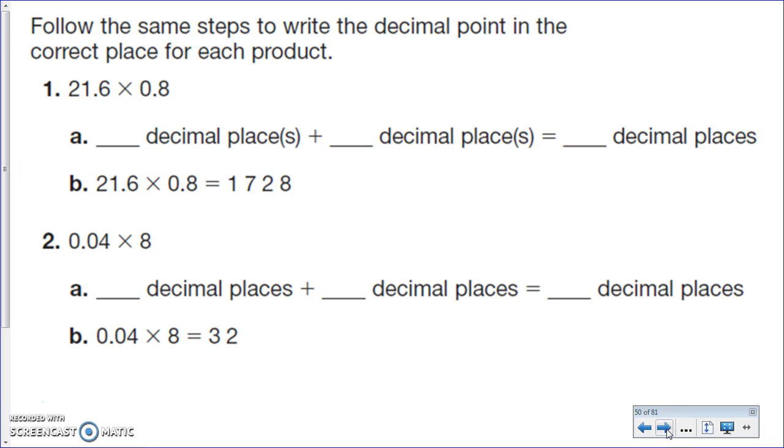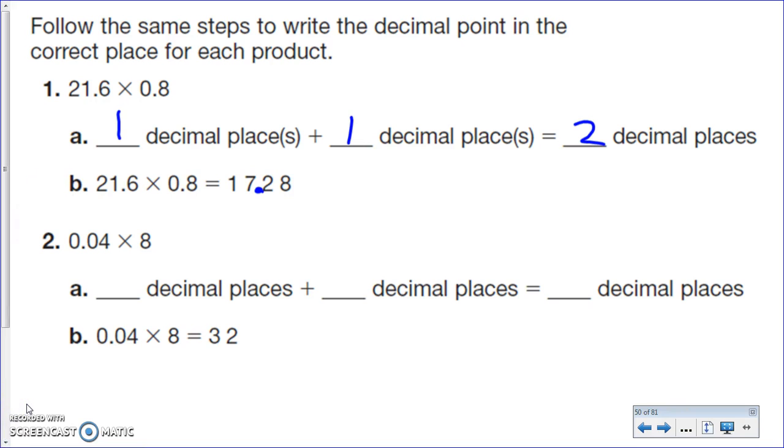Follow the same steps to write the decimal point in the correct place for each product. So for number 1, we have 21 and 6/10 times 8/10. So we have 1 decimal place in each factor, so we should have 2 decimal places in our answer. So our decimal goes between the 7 and the 2.